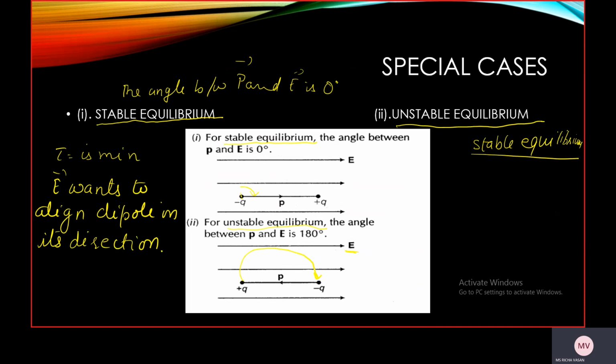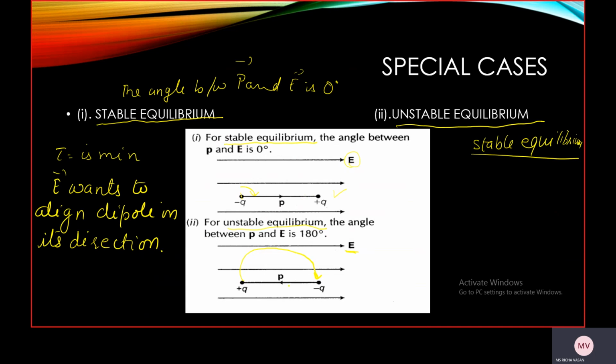So that is why all the torque is being produced, the forces are acting on the dipole, because the dipole is not aligned in the direction of electric field. When it is aligned in the direction, then electric field is happy. It will not do anything, and the dipole will be in the stable equilibrium with the electric field.